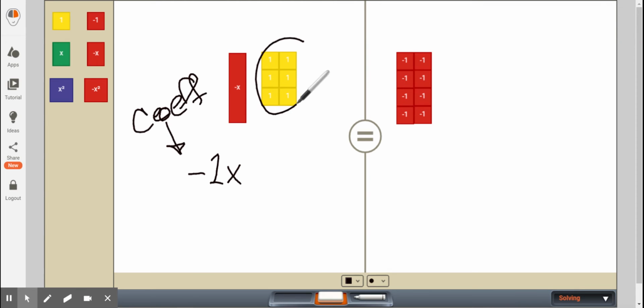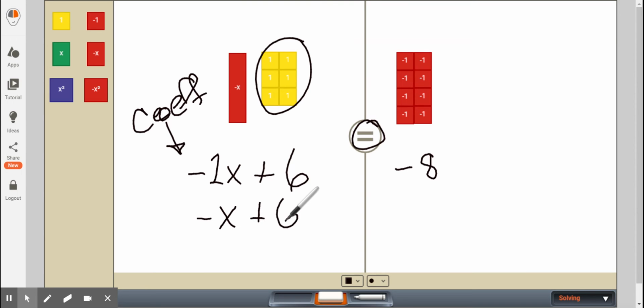And then we have our constant, which is going to be 6 positives, and that's going to be equal to negative 8 on the right. Okay, so now just one thing to pay attention to, you can put the 1x there, or you could just write it as negative x plus 6 is equal to negative 8, and this means the same thing.